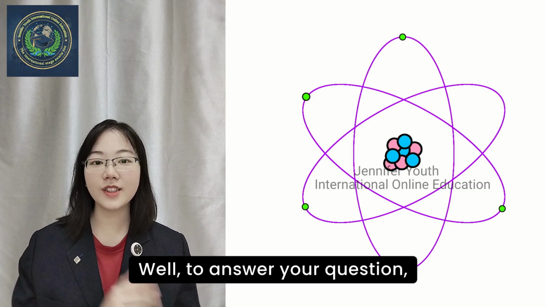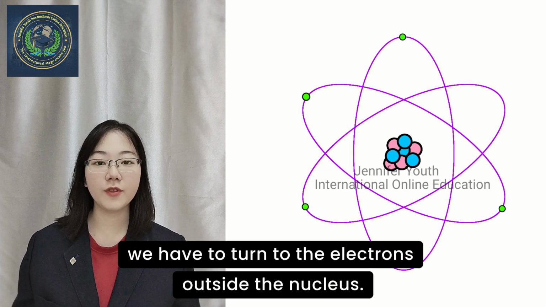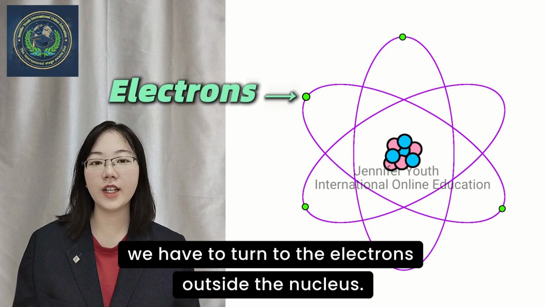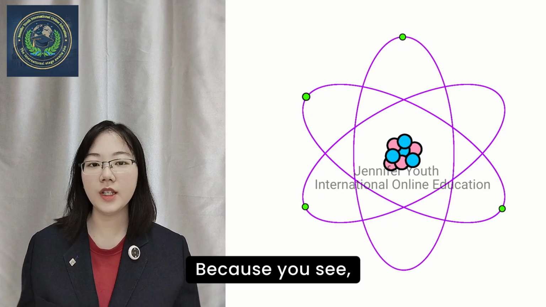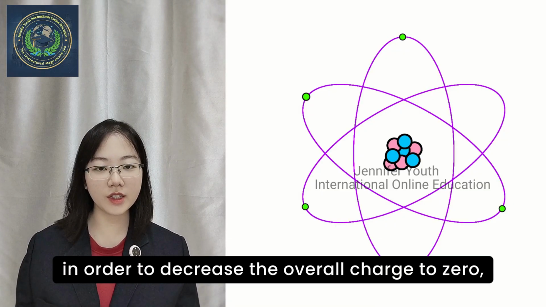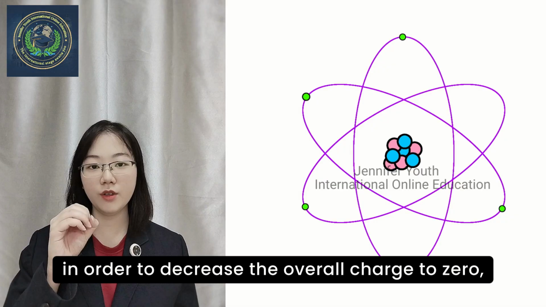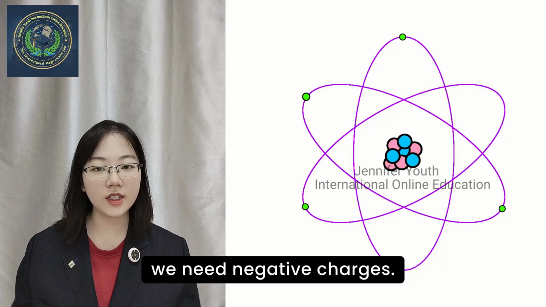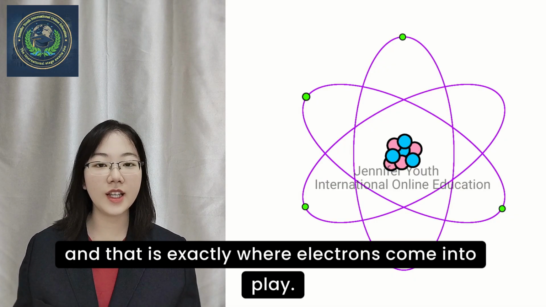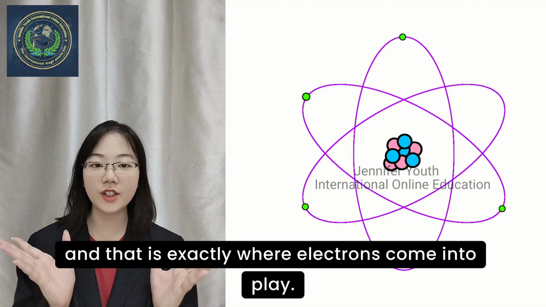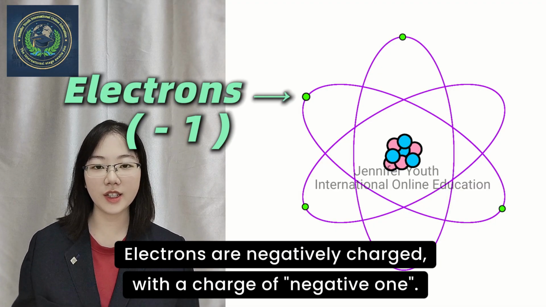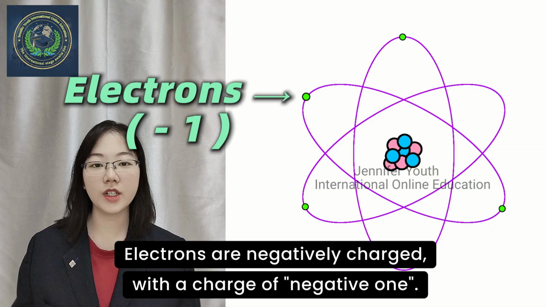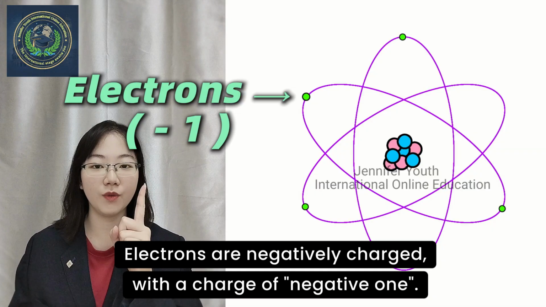Well, to answer your question, we have to turn to the electrons outside the nucleus, because you see, in order to decrease the overall charge to zero, we need negative charges. And that is exactly where electrons come into play. Electrons are negatively charged with a charge of -1.